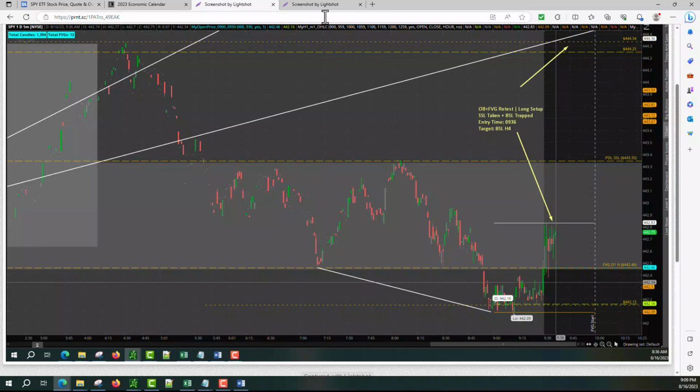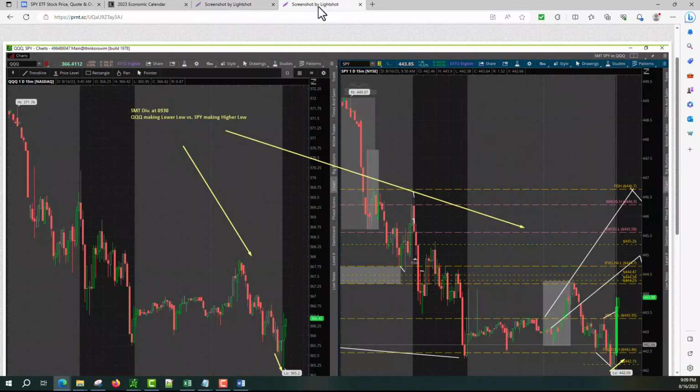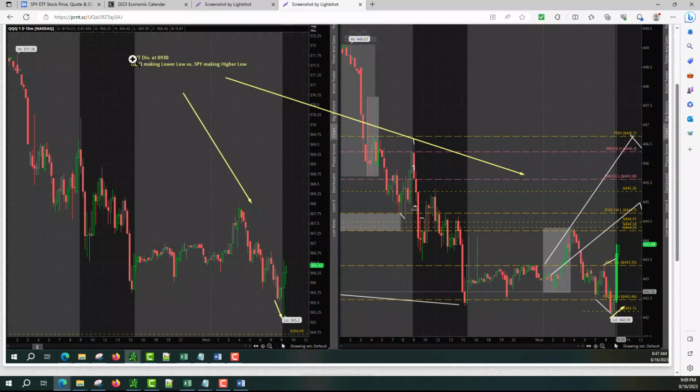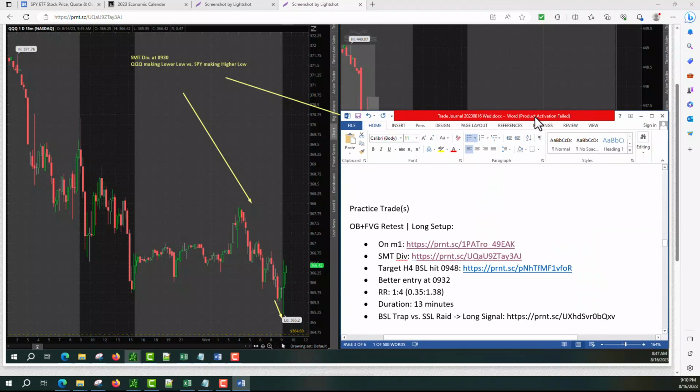That's the liquidity factor, bullish first. The second factor is the smart money technique, divergence at 9:30. We see that there's a divergence right there. So that's two factors that give us a very high probability setup.